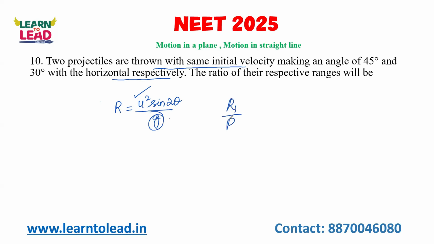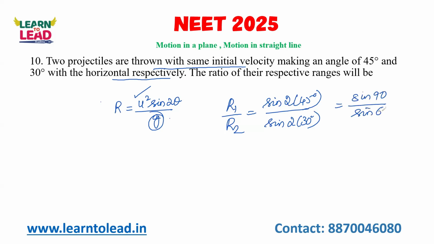If I write R1 by R2, we'll get sine of 2 into 45 degrees divided by sine of 2 into 30. So you'll get sine 90 divided by sine 60. Sine 90 is 1, sine 60 is root 3 by 2, which gives 2 by root 3 as your answer.